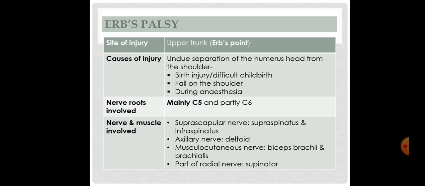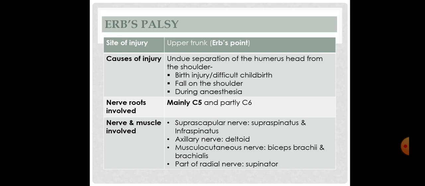Second, in adults, a fall on the shoulder. And last is during prolonged anesthesia. If the shoulder is not supported well, Erb's palsy may also occur.